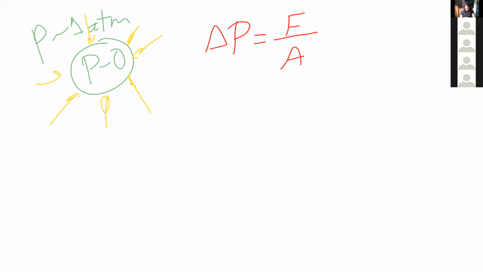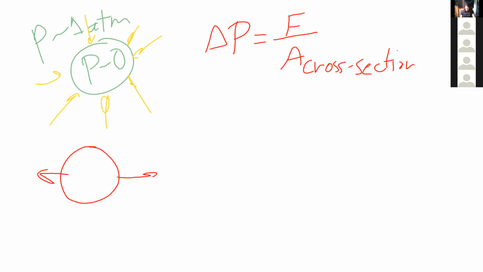Well, that's just got to be equal to whatever the outside force is from the pressure difference, the yellow forces here. Since we are applying a force only one-dimensionally, we set the difference in the pressure equal to the force over the cross-sectional area. And this is the only problem that you have to do with this concept.